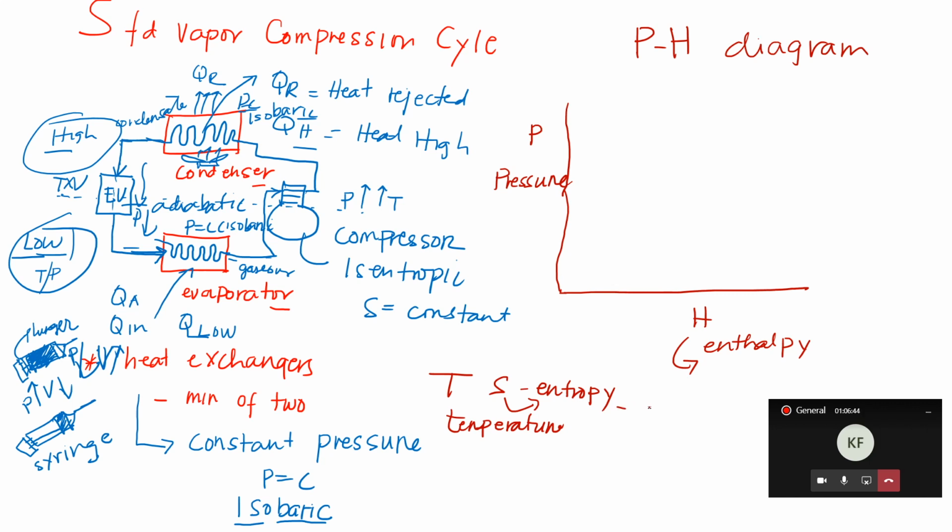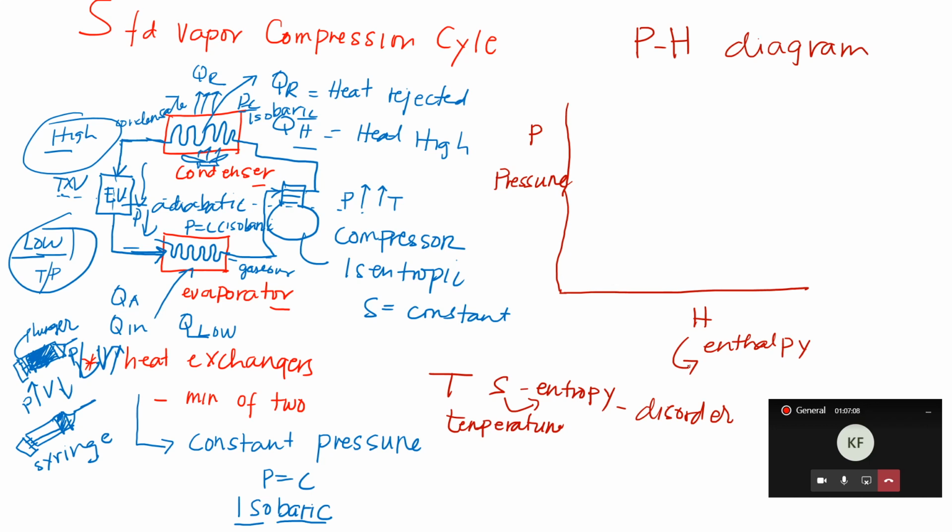Entropy is the so-called science of disorder of atoms, but there's a heat energy associated with it. Enthalpy also has to do with internal energy. The higher the temperature, the higher the enthalpy. The higher the pressure, the higher the enthalpy.